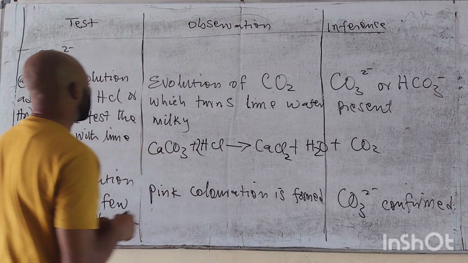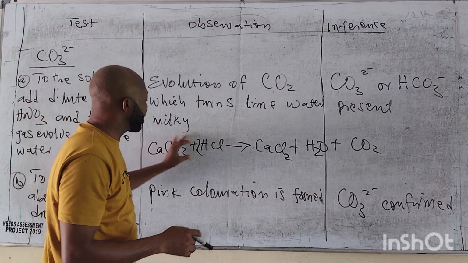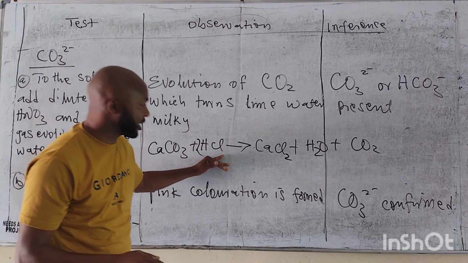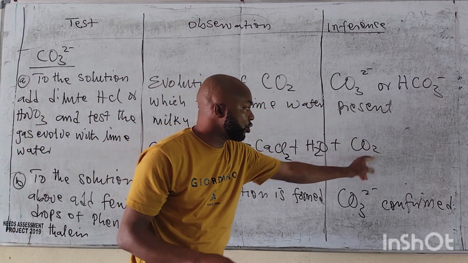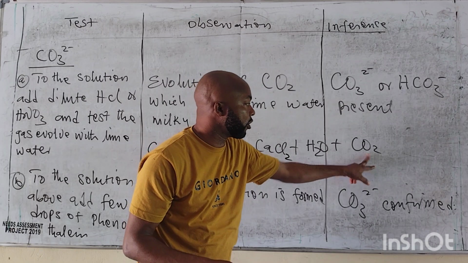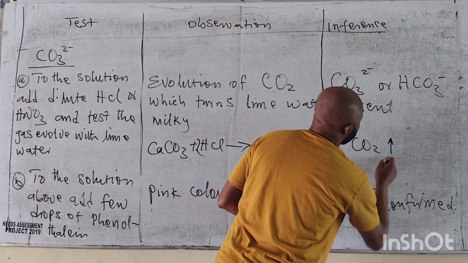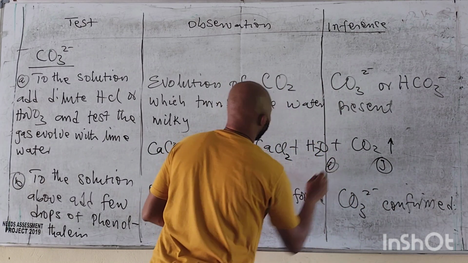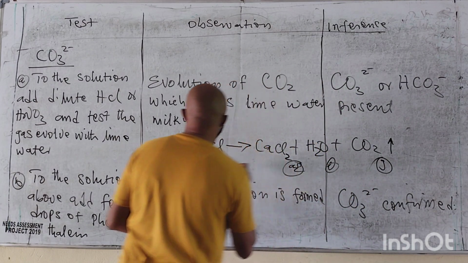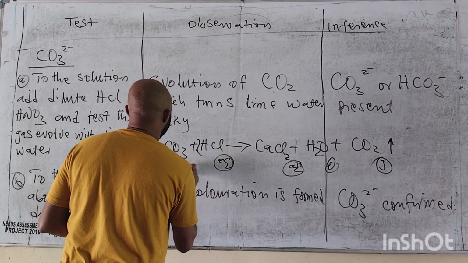So by so doing, you know that when you react a carbonate with any acid, it must give you CO2. The gas will be evolved. This is liquid, this is aqueous, this is aqueous, and this is aqueous.